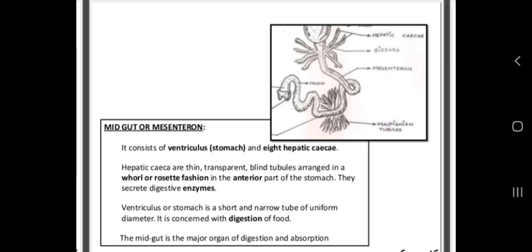At the junction of foregut and midgut, it also has 8 blind diverticula or tubules called hepatic ceca.